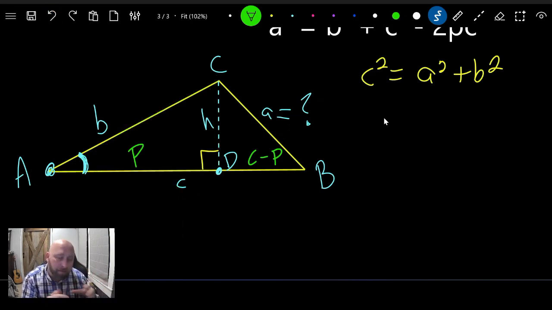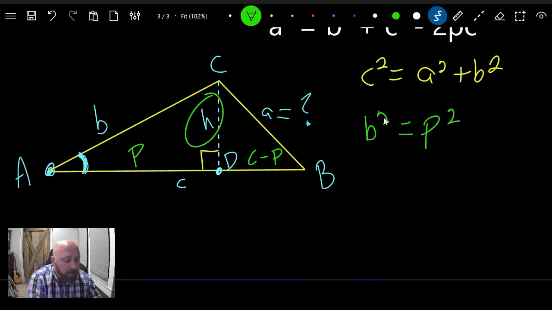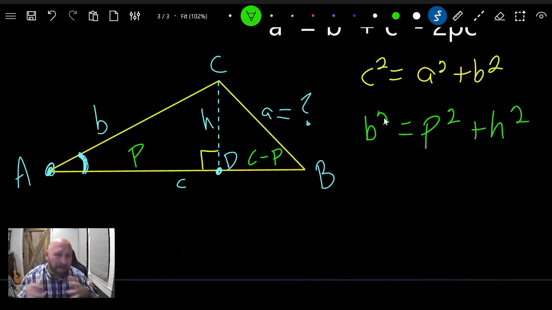We're going to put our pieces into the Pythagorean theorem. Across from the right angle is going to be B, so that's going to be our hypotenuse. B squared equals, one of our sides is going to be P, so we'll call that P squared, and then our other side is going to be H, so we'll call that H squared. Again, we're not using numbers, we're using letters to see the progression of this.